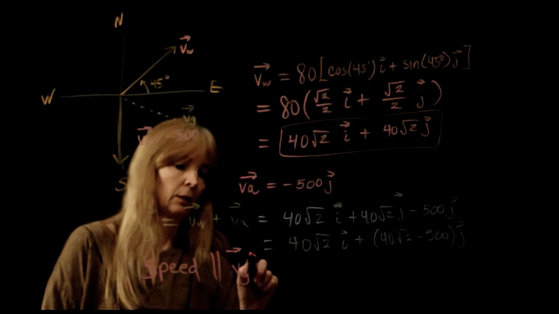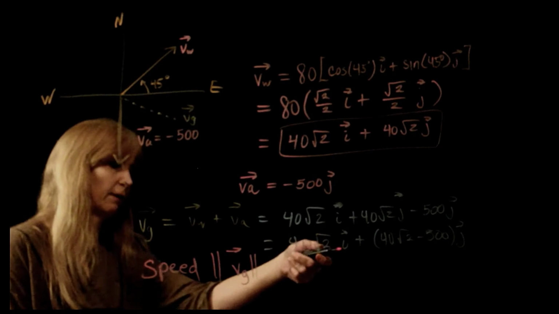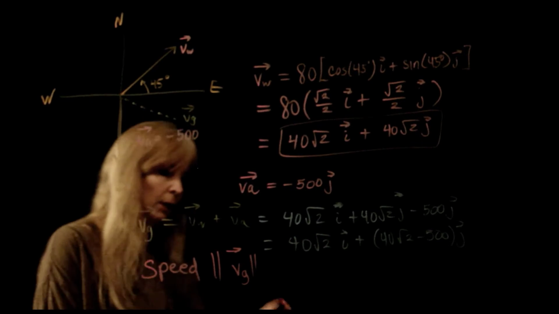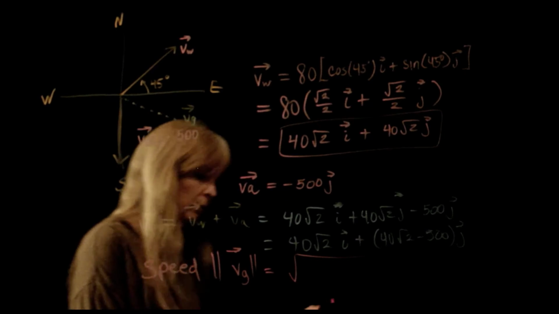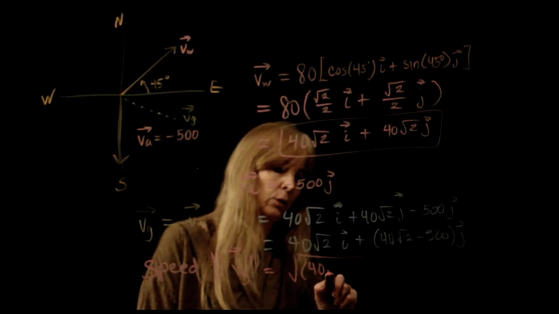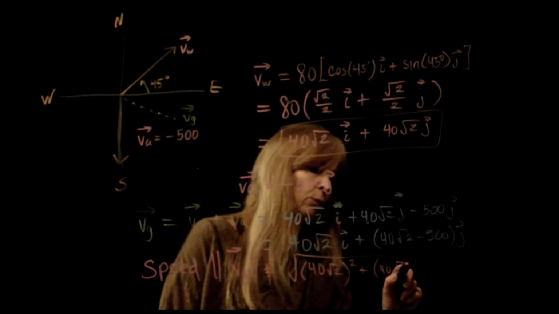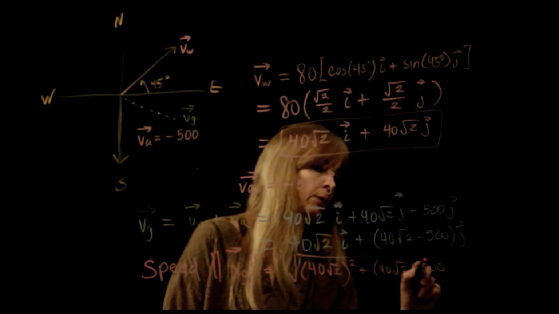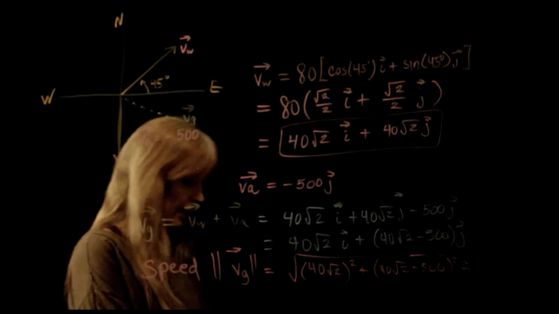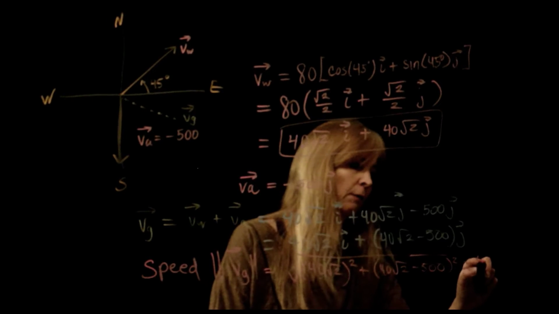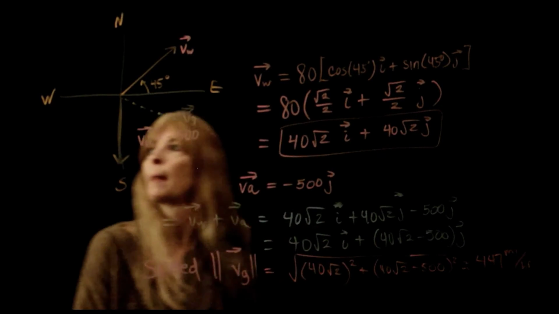So I'm going to take the square root for my magnitude of the 40 square roots of 2, that's my I component, squared, plus the 40 square roots of 2 minus 500, my j component, squared. And if you do that, you should get 447 miles per hour.